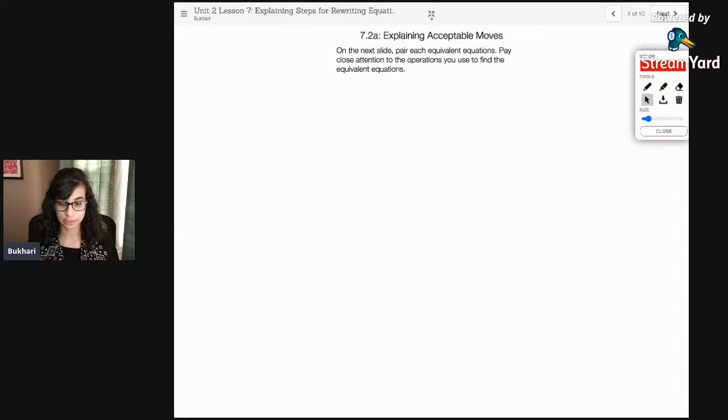And so for the second activity, we're going to work through pairing equivalent equations together. And so when you're doing that, pay close attention to the operations that you're using to find the equivalent equations. Right? What are you exactly doing as you are figuring out whether equations are equivalent or not?